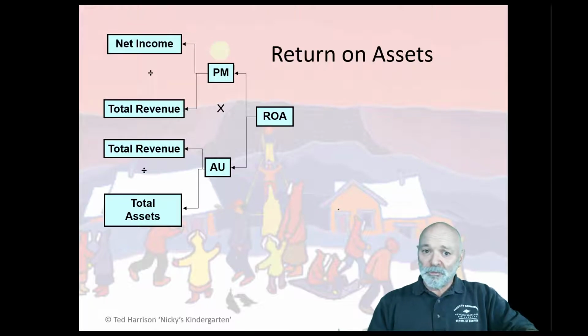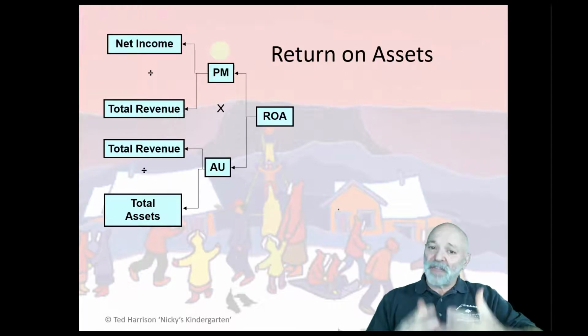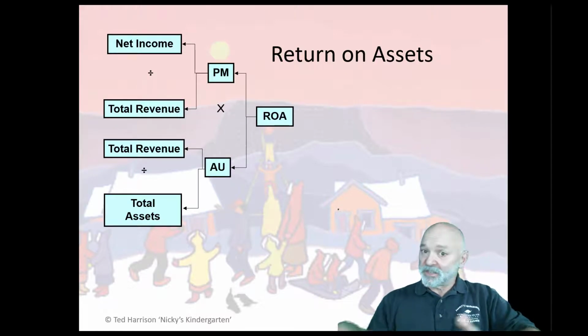Other businesses have a much higher asset turnover. If you're a baker and you basically only have your raw materials, you turn those over 360 times a year, your asset utilization would be 360 times. So that's how we break down the return on assets. It's sometimes referred to as the return on investment. It's profit margin times the asset utilization.